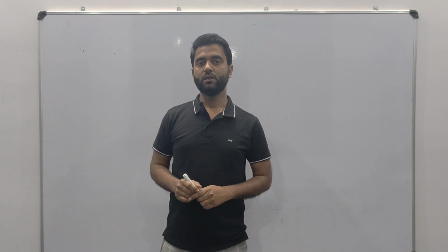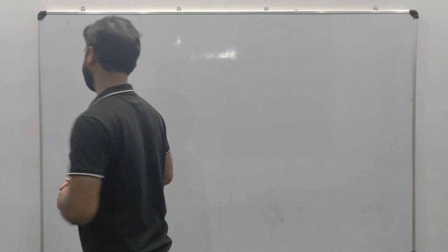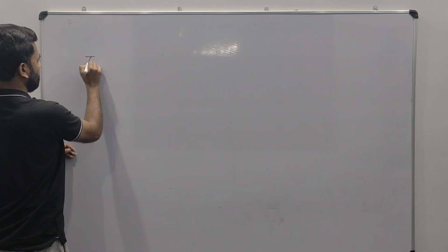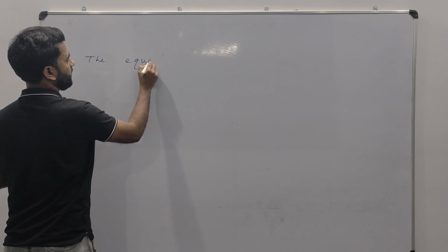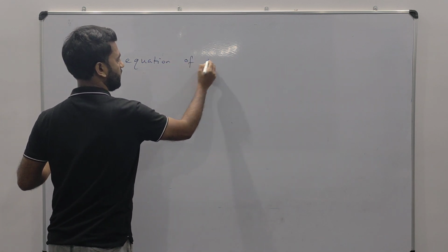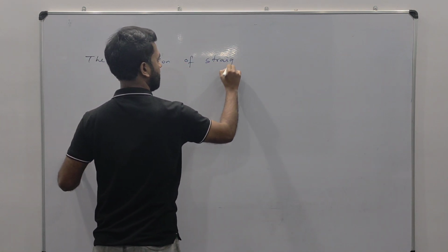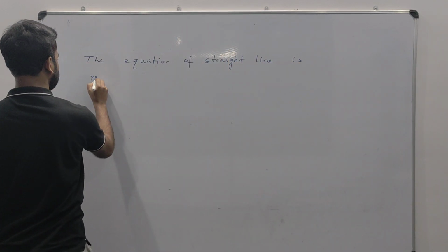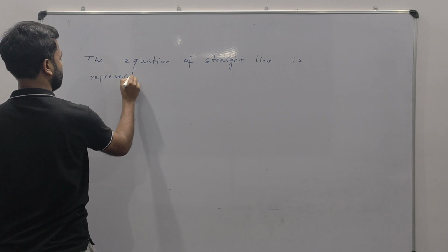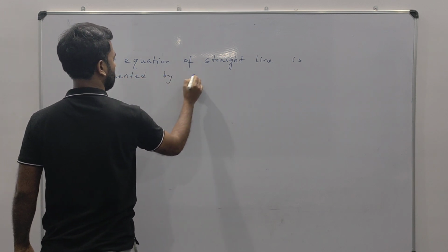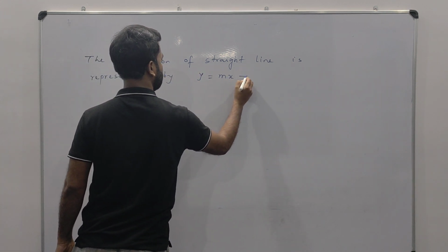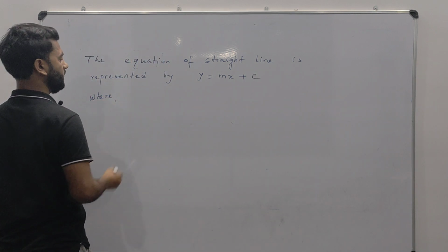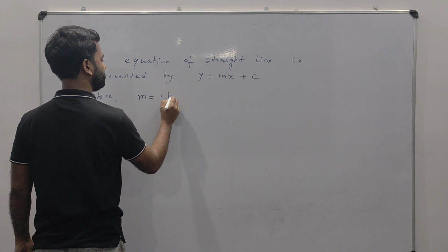Basically, the equation of a straight line is represented by y equal to mx plus c, where m is the slope.